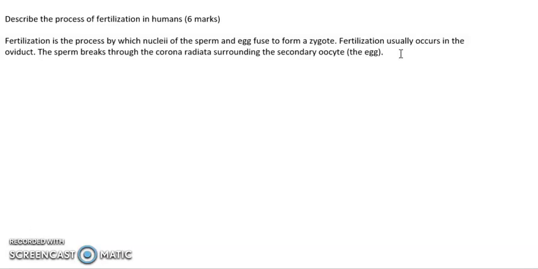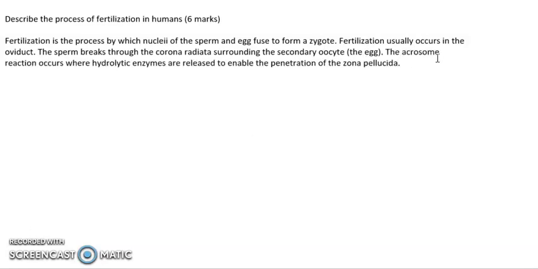Now that we're here, we're going to talk about the acrosome reaction. The acrosome reaction occurs where hydrolytic enzymes are released to enable the penetration of the Zona Pellucida. This enables the sperm to reach the plasma membrane of the egg.